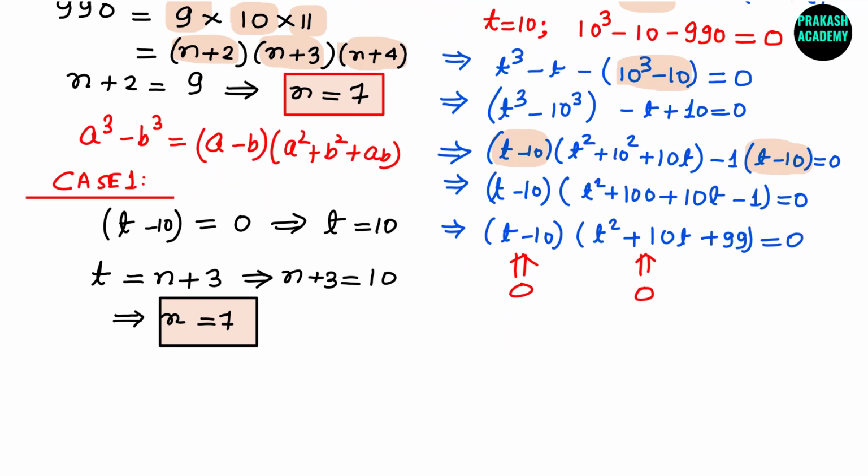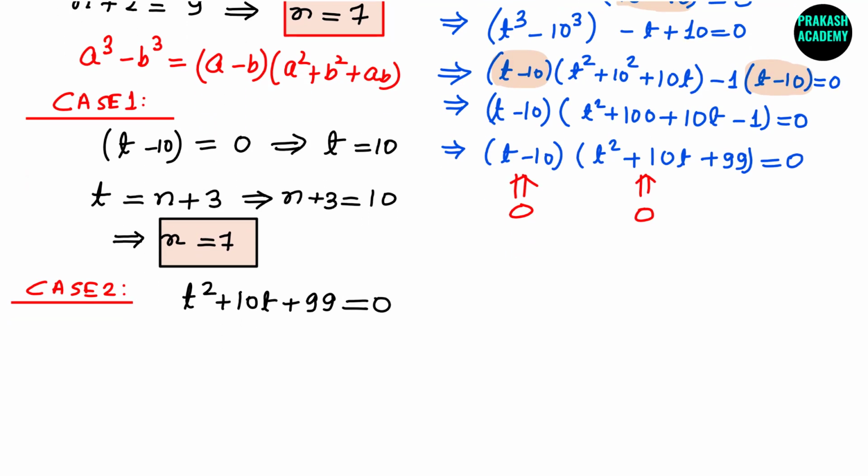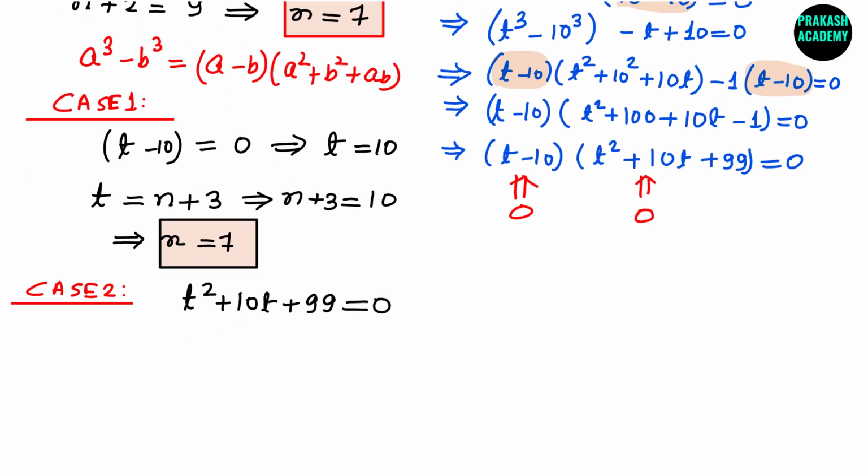Now let us consider case 2. If you consider case 2, in that case what will happen? We will have this term t square plus 10t plus 99 is equal to 0. So this is a quadratic expression. Let us calculate the discriminant of this expression.